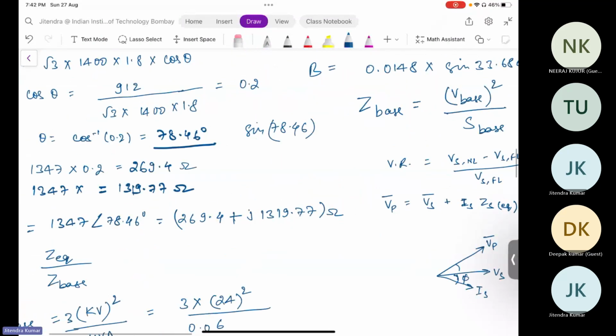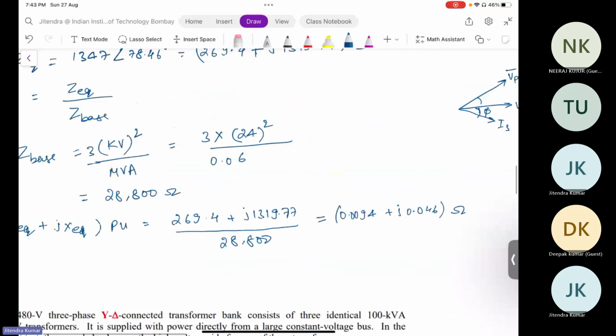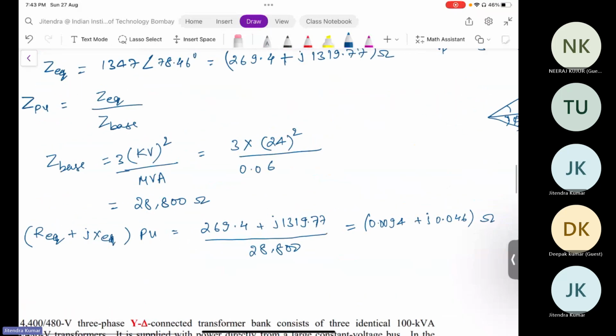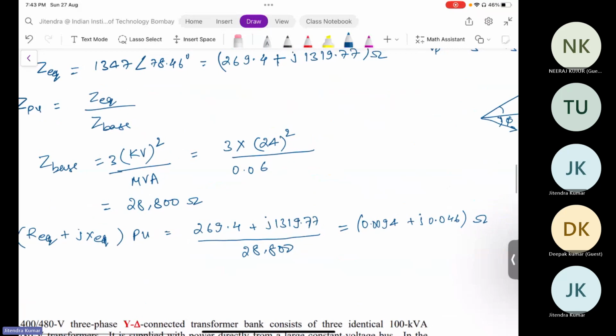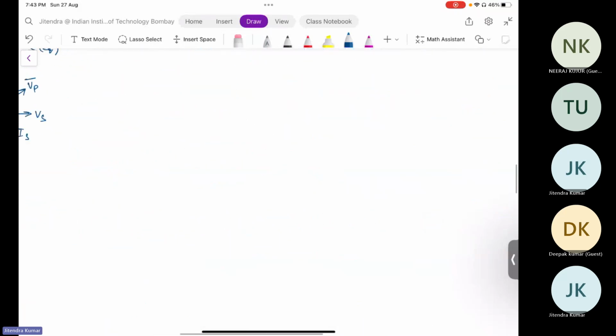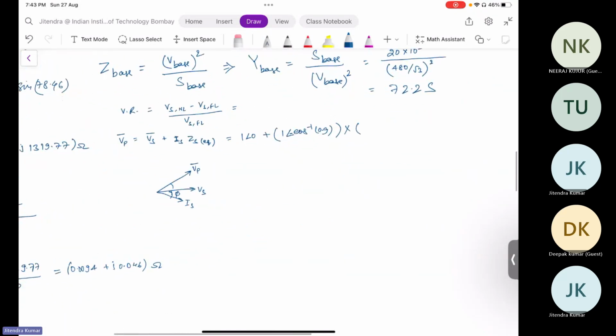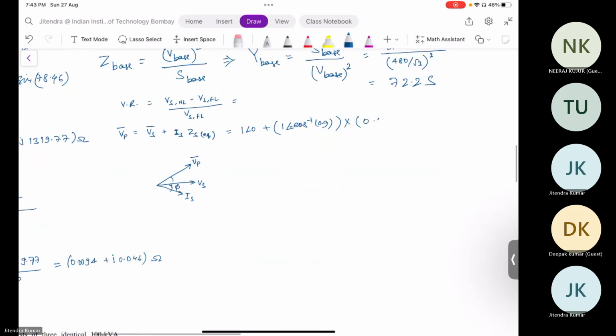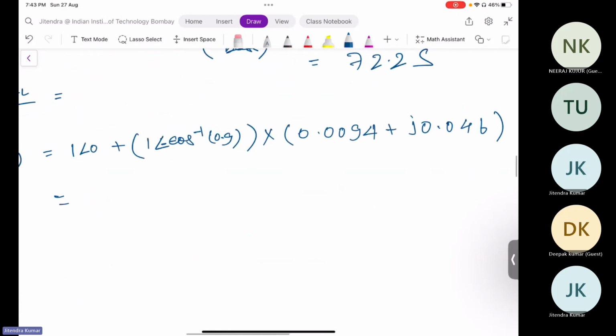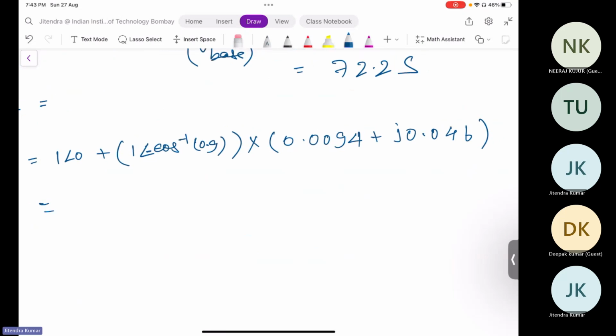So ZS, the series parameters we have calculated already, is 0.094 plus j 0.046. Now you have to compute this in polar form, and you will get some magnitude as well as angle.